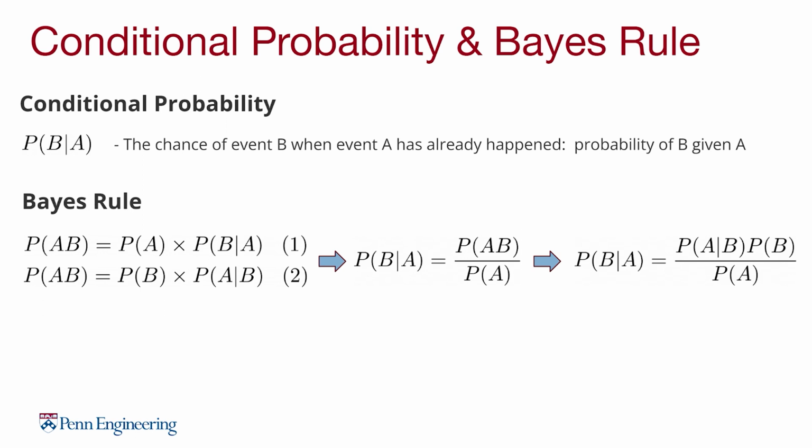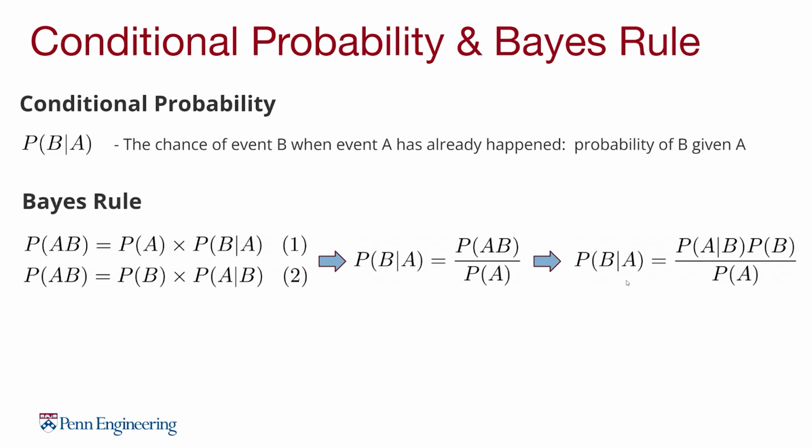Next, we will just do some simple manipulation. Let's leave the conditional probability on the left-hand side of this equation, and the right-hand side will be the joint probability divided by the marginal probability. For the next step, we substitute the joint probability by the second equation from part 1 here, and we will get the expression of Bayes rule.